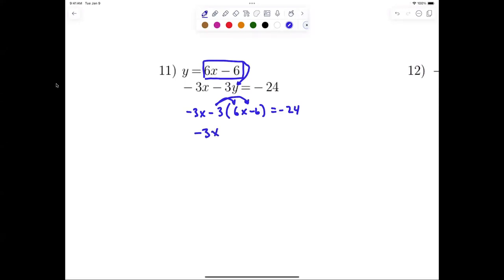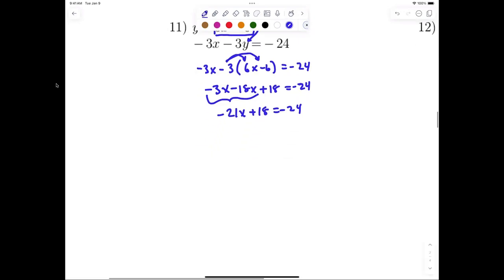Negative 3x minus 18x plus 18 equals negative 24. Negative 3 and negative 18 is what? Negative 21x plus 18 equals negative 24.